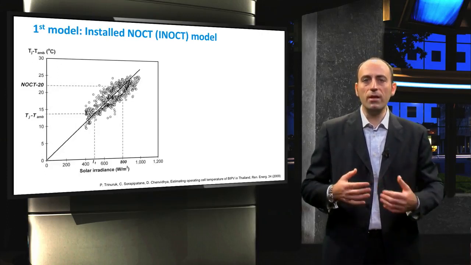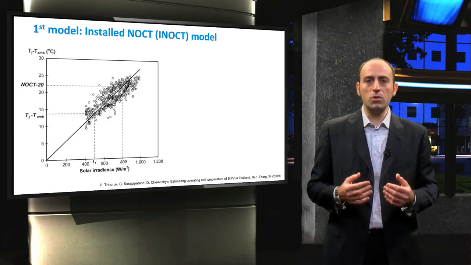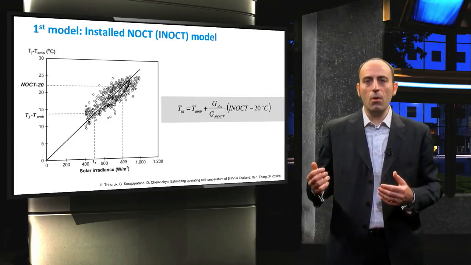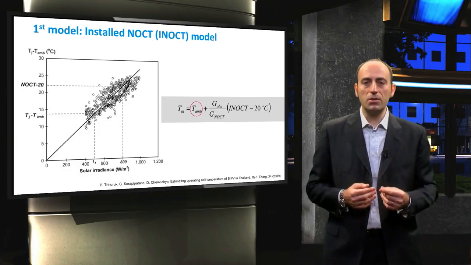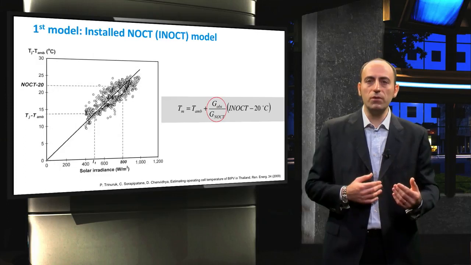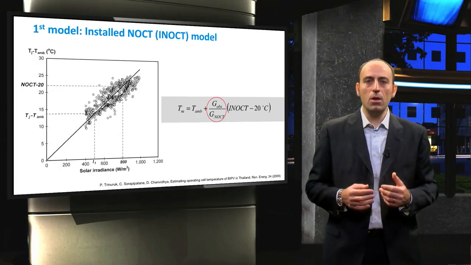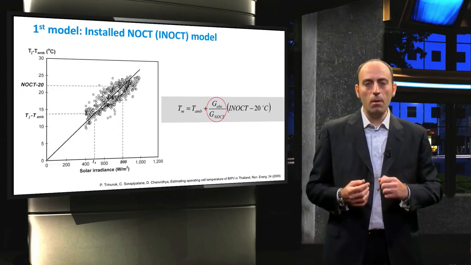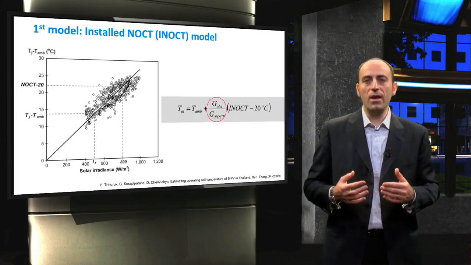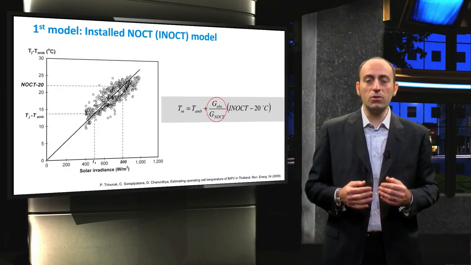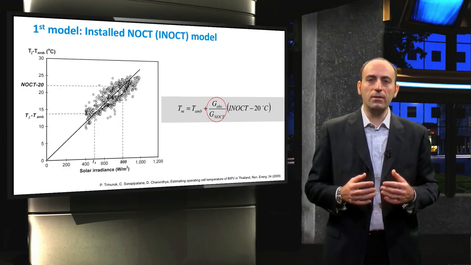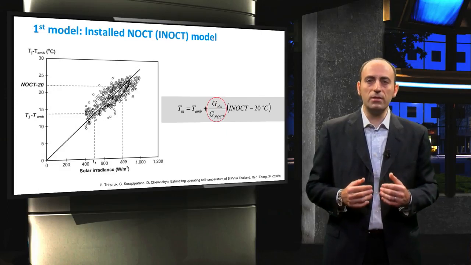Thus, by interpolating all the scattered data, it is possible to come up with this equation, where the module temperature depends on the ambient temperature plus the ratio between the observed and the NOCT irradiance multiplied by the INOCT temperature, as obtained before, minus 20 degrees, a value that offsets the ambient temperature. In this formula, the influence of wind is not included, and this aspect considerably simplifies the model.